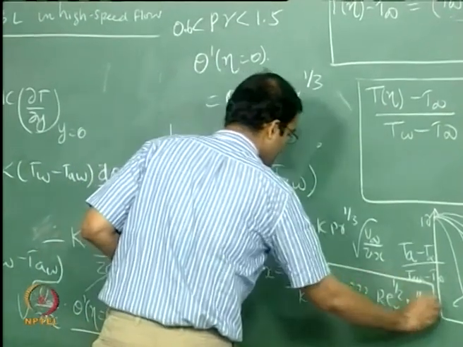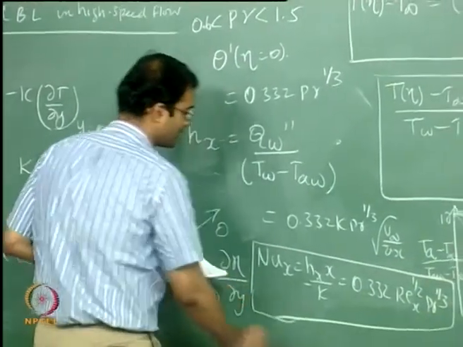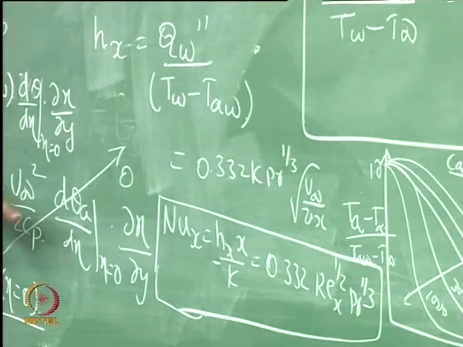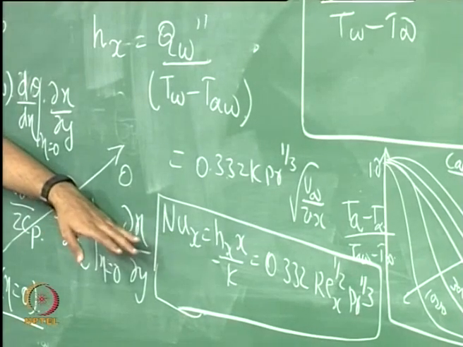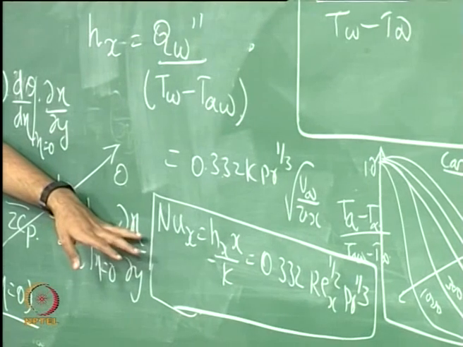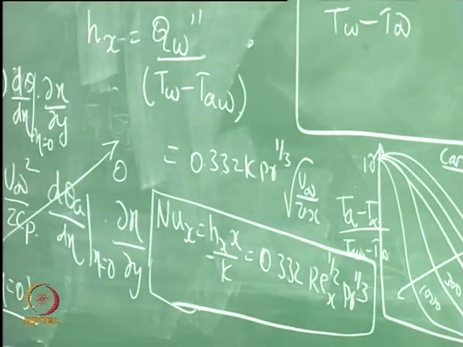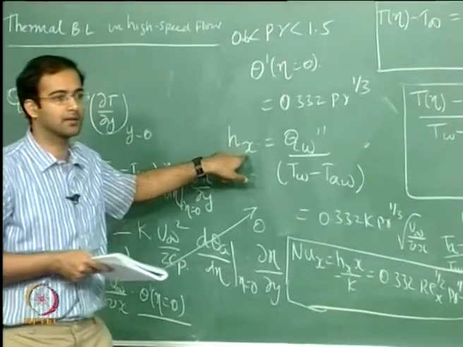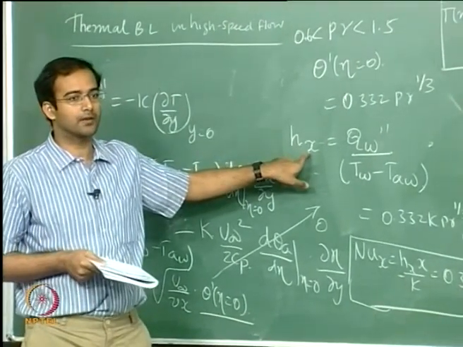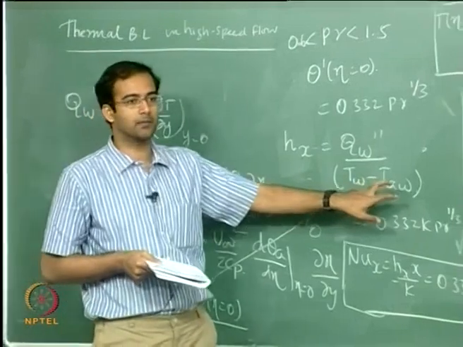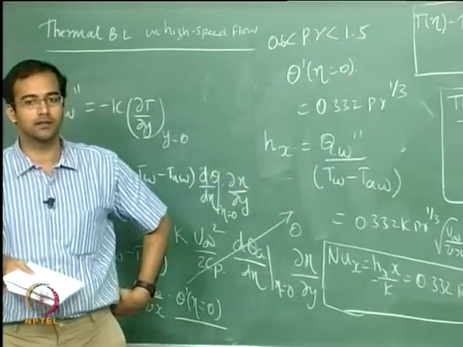Okay, so now you see the Nusselt number relation is exactly identical to the flat plate case, which is isothermal. There is no difference. But the definition of heat transfer coefficient is different. Now you are defining this as T wall minus T adiabatic wall, not T wall minus T infinity.